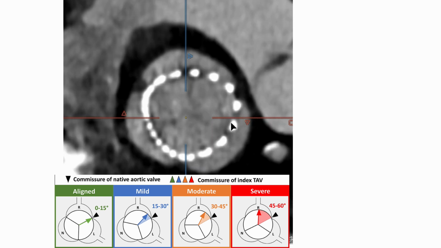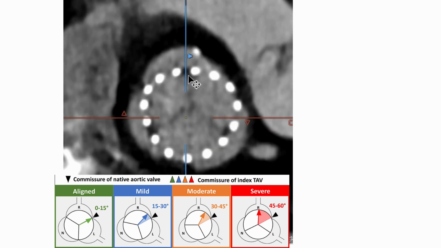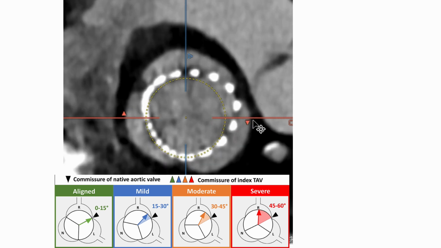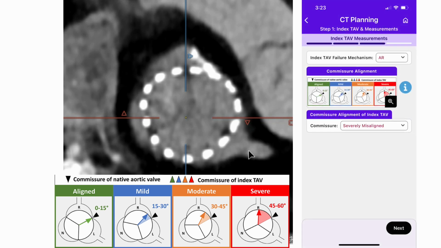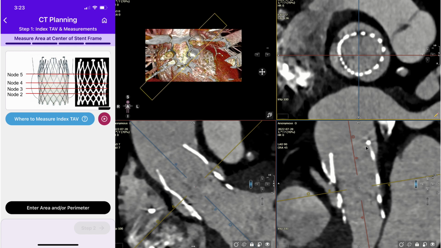The commissure offset is directly measured using an angle tool with the limbs aligned with the native commissure of the RCC and LCC and the THV commissure. In this case, the angle is 47 degrees, so select severely misaligned, and perform the measurement of area and perimeter.